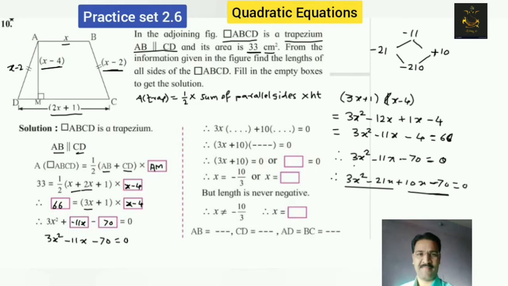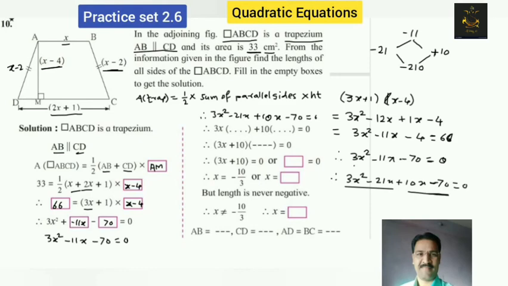After that we have to split the middle term. So this step I'll write here, that is nothing but 3x square minus 21x plus 10x minus 70, which is equal to 0.